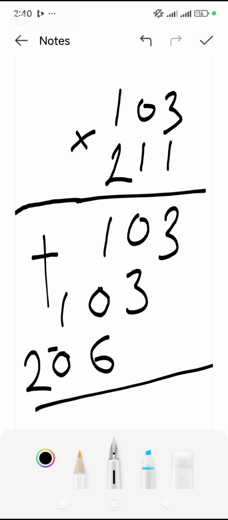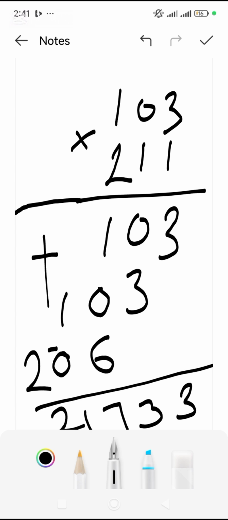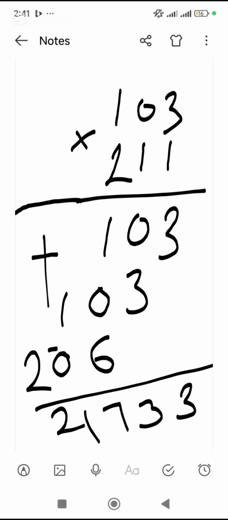We add this section. 3 comes down. 0 plus 3 is 3. 1 plus 6 is 7. 1 plus 0 is 1. And then this is 2. That is the answer here.